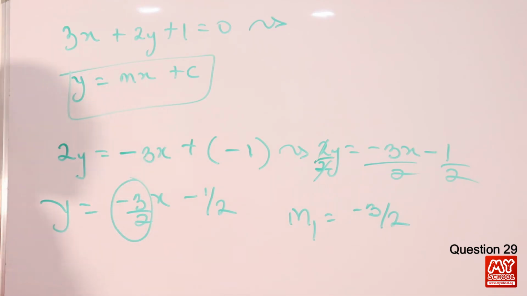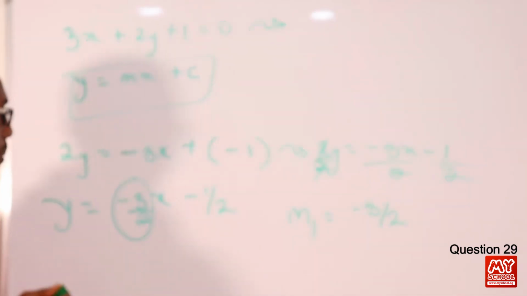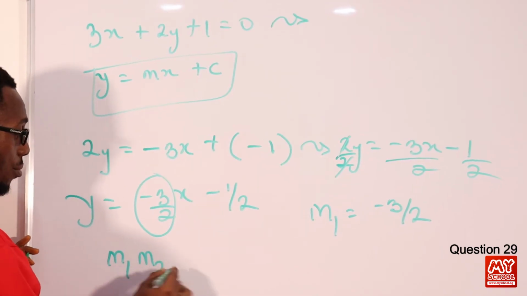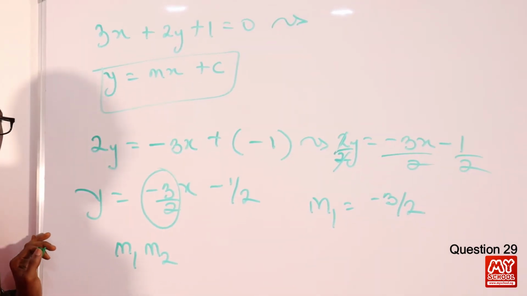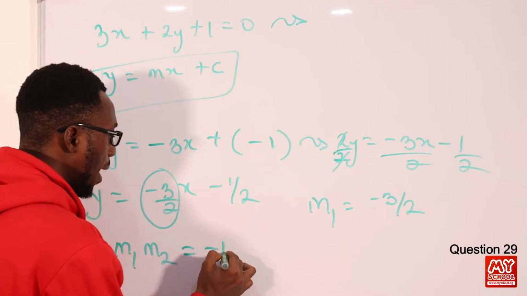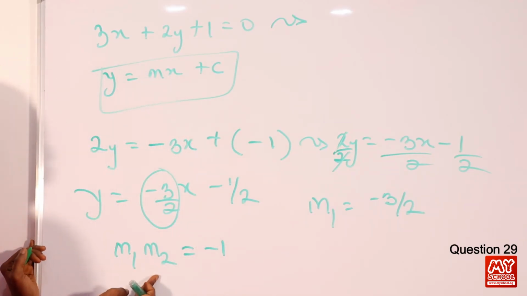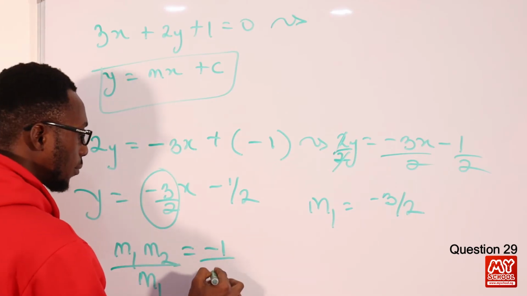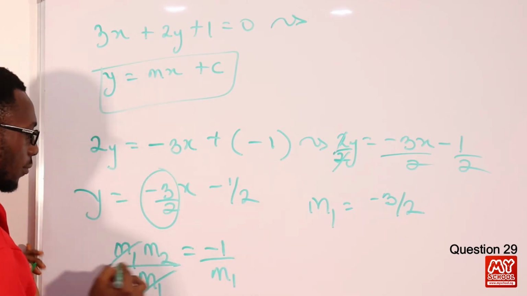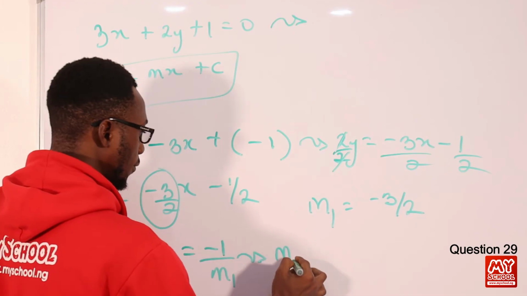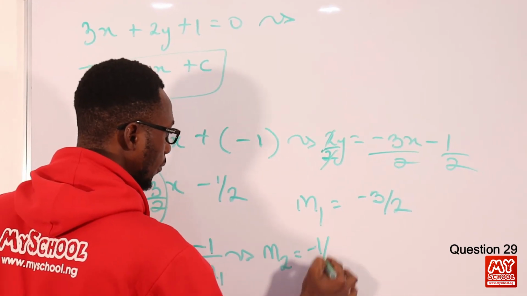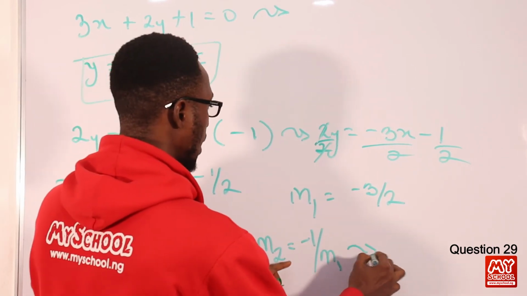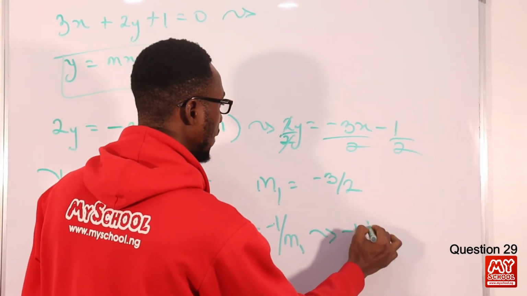So when it comes to perpendicular, for it to happen, that means m1 times m2, my first slope times my other slope, should be equal to minus 1. So if I'm to look for m2, what do I do? I divide both sides by m1. So this implies that m2 is minus 1 divided by m1.